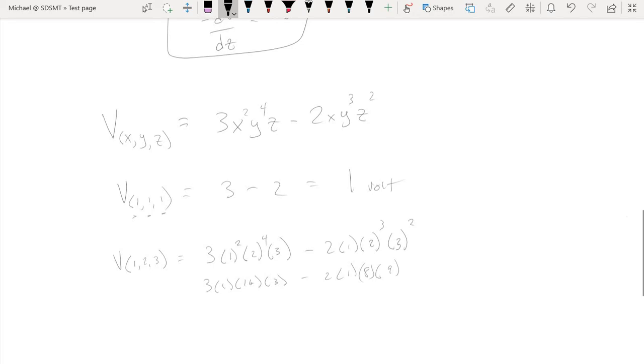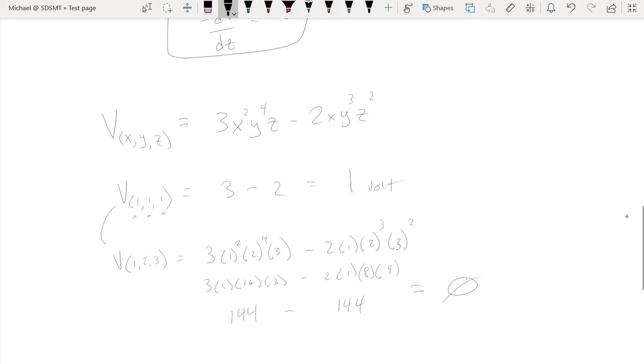Alright, so the first term is going to give us 144. Is that right? Yep, I think so. 144 minus, and we have 8 times 9 times 2 times 1, which is, wasn't expecting that to happen, also 144. Okay, that was weird, but we now have 0 volts.